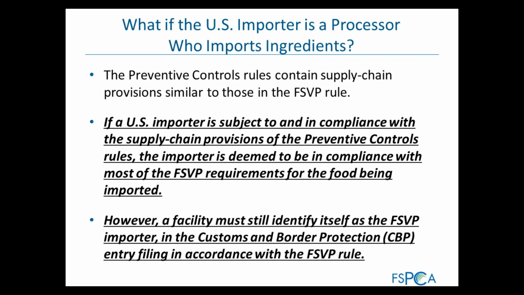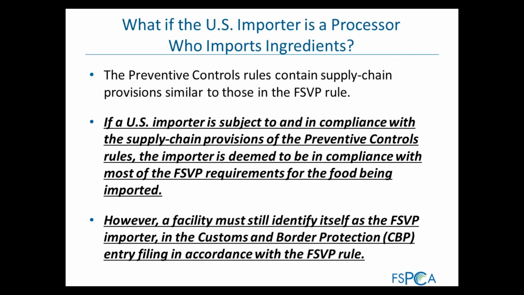The only time that you may need to implement additional requirements of the Foreign Supplier Verification Program would be if you recognized a raw material or ingredient as requiring a preventive control, and that preventive control is a supply chain applied control. And it's been determined that that would be a very rare occurrence, especially in animal food.